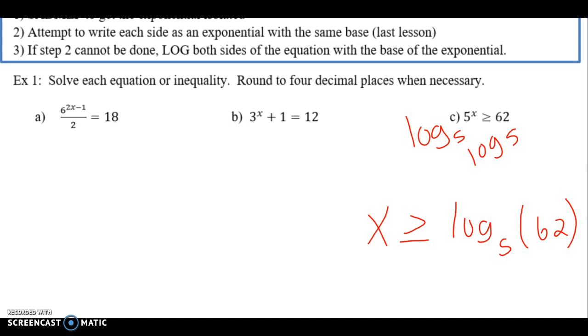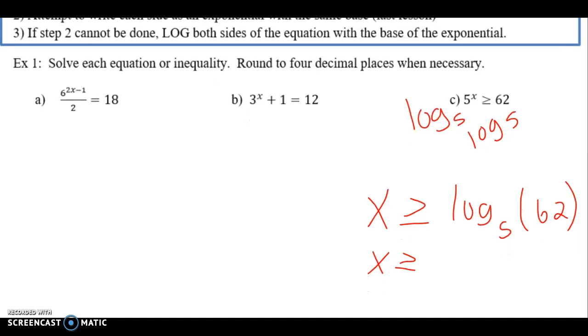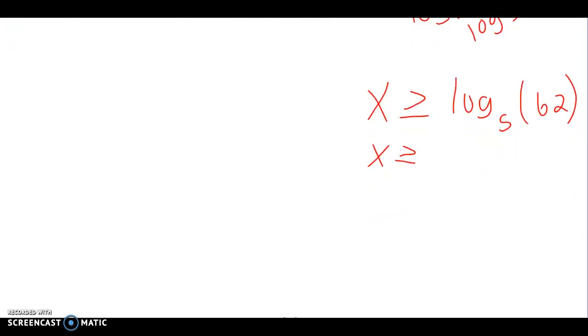Go. Oh, it's an inequality, so it's a range of numbers. But x is greater than or equal to 2.5643. Everyone get that?